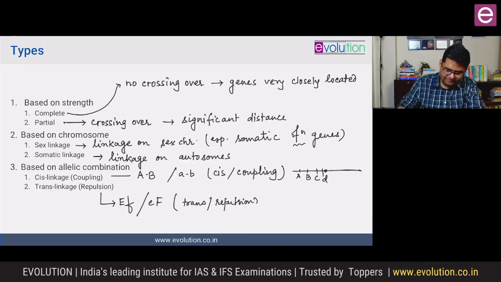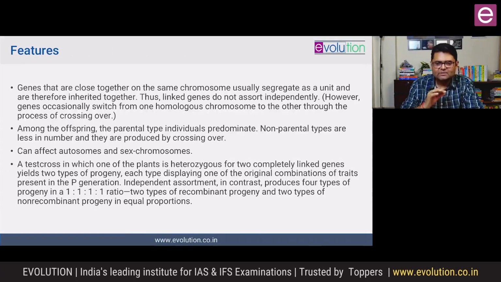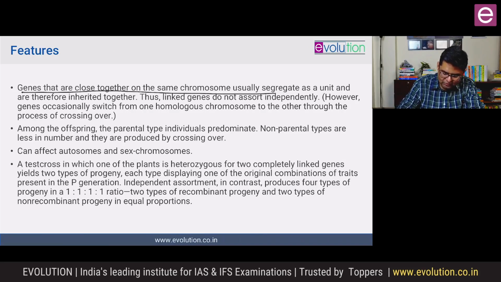All right. Now we come to the features of linkage. Genes that are close together on the same chromosome usually segregate as a unit, and therefore they get inherited together. So they do not assort independently.